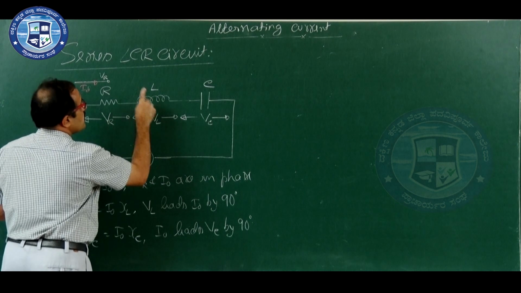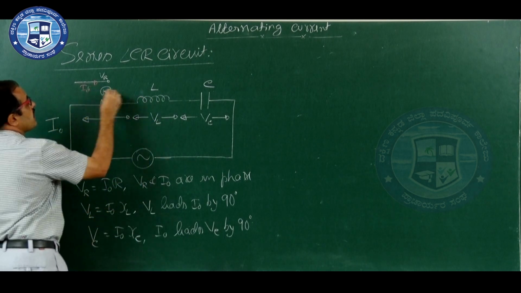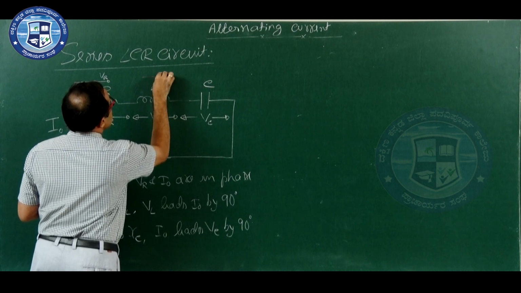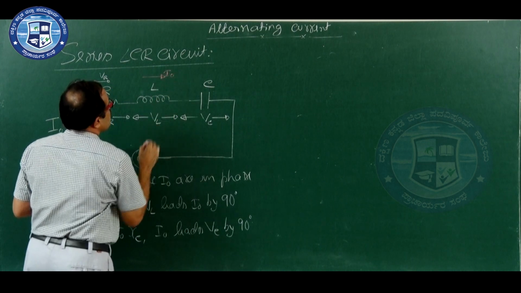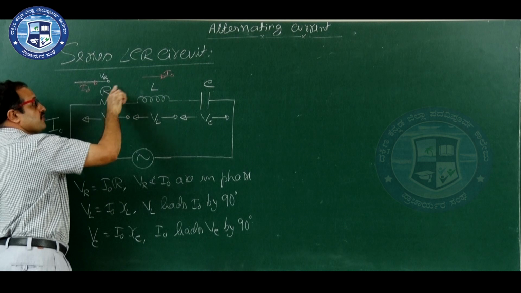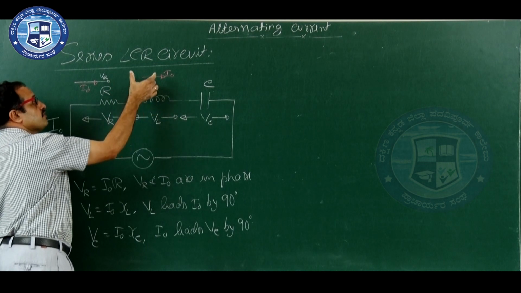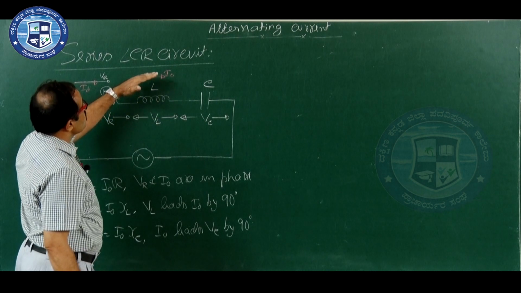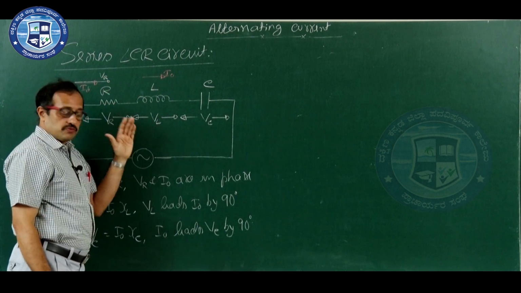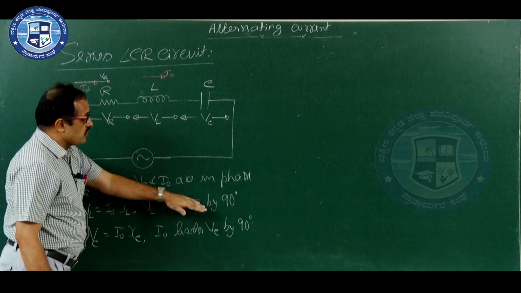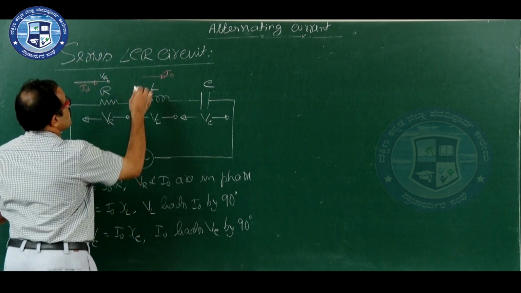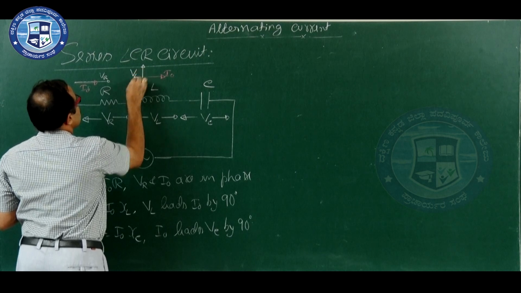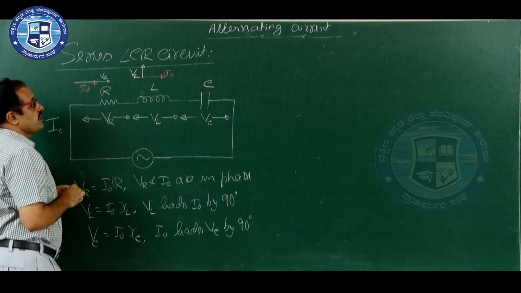And if you take inductor, current will be same, I naught. Again, it is not representing direction, it is the phasor drawing I naught. And what about voltage? Voltage is leading by 90 degree. VL leads I naught by how much? 90 degree. Therefore, this is VL, voltage across inductor.